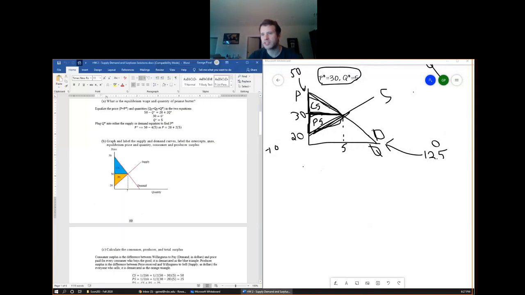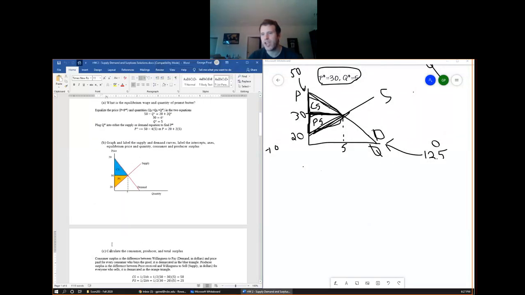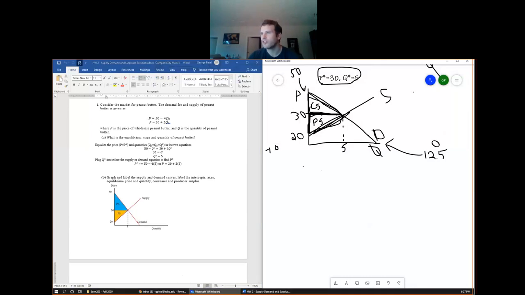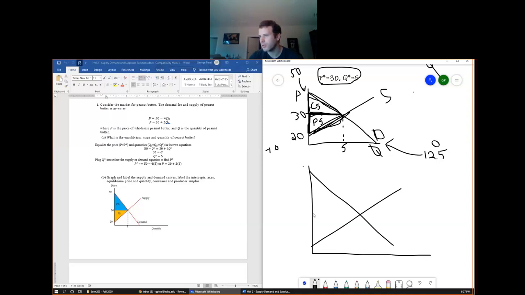Okay, and then in the next one, I want you to calculate what they actually are. Okay, so we have these two graphs. And I'm going to draw it a little cleaner because that's a mess. So we have consumer surplus. We have producer surplus.